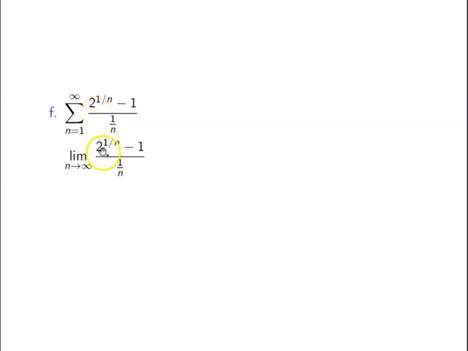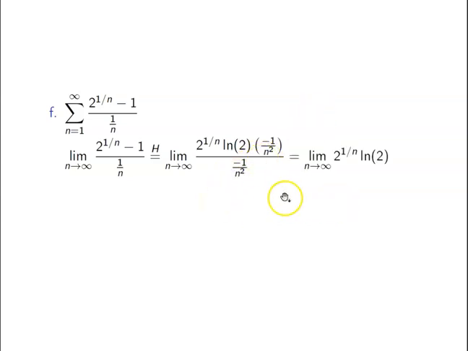Okay. So here, looking at this, I know that the denominator is going to go to 0. But it's written in a weird way, so I probably want to flip that around. Looks like we're going to use L'Hopital's rule instead. Which is nice, because this numerator has a term that cancels with the denominator. So I'm just looking at what happens with 2 to the 1 over n, natural log of 2.